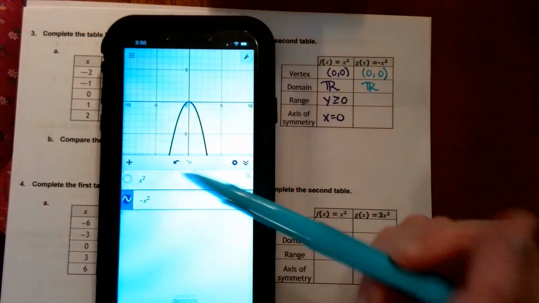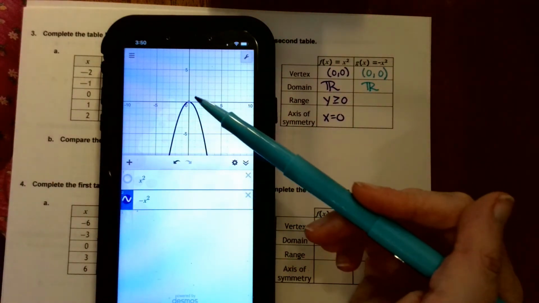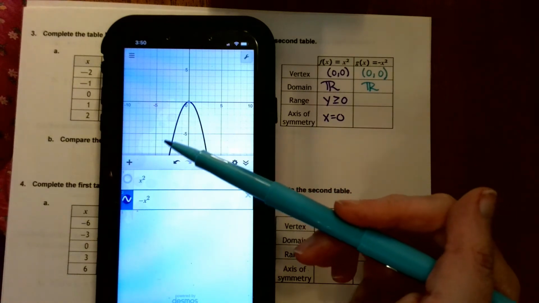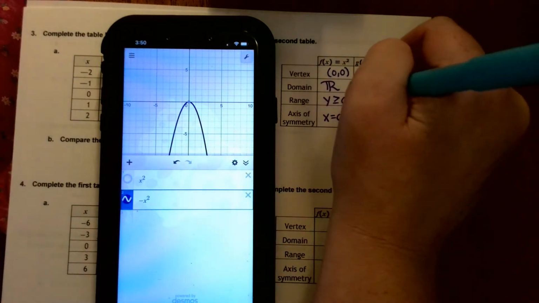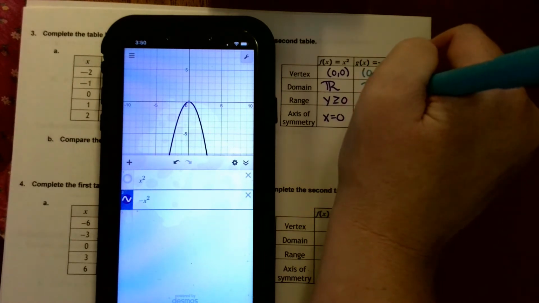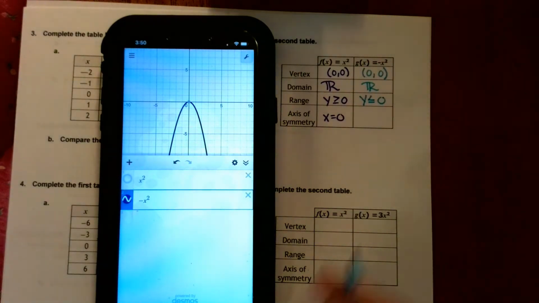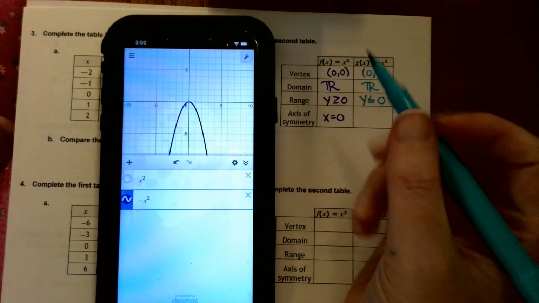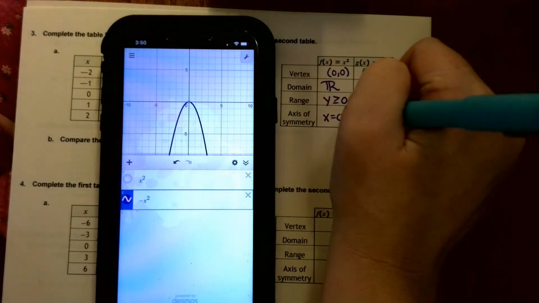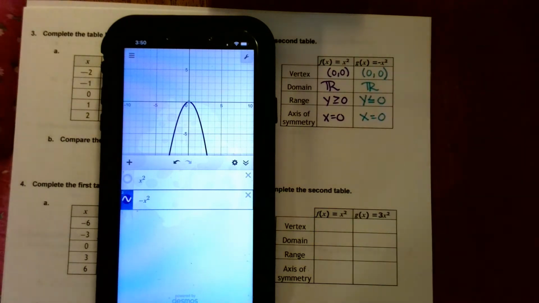Once you hit 0, you don't go any further up. That's the highest. So instead of y being greater than or equal to 0, our range is going to be y is less than or equal to 0, because 0 is the highest point, and then this goes on forever downwards. And my axis of symmetry still hasn't changed. It's still x equals 0.